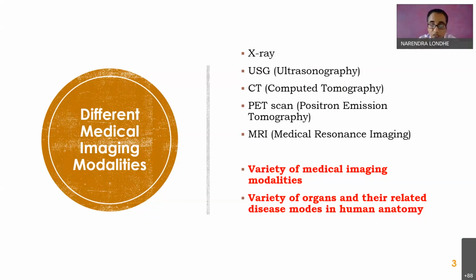Different organs have different diseases. Even I cannot say that the heart will have only one disease; there can be various diseases in the heart. So looking into this variety of medical imaging modalities and the variety of organs and related diseases, this increases our challenge while designing these CAD systems.